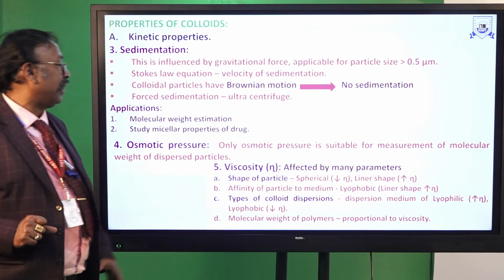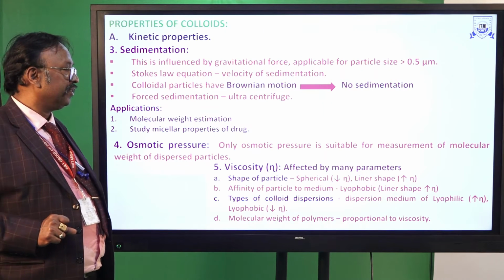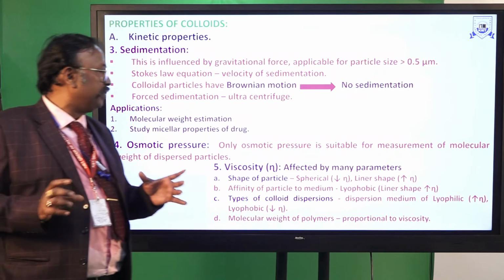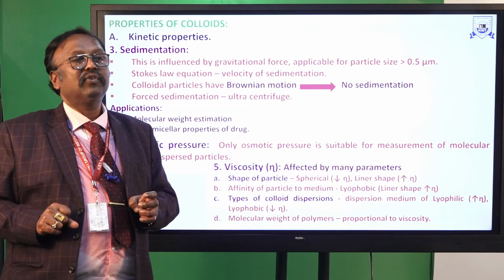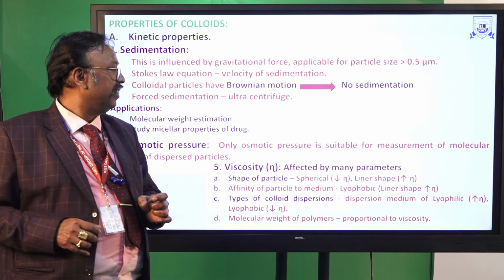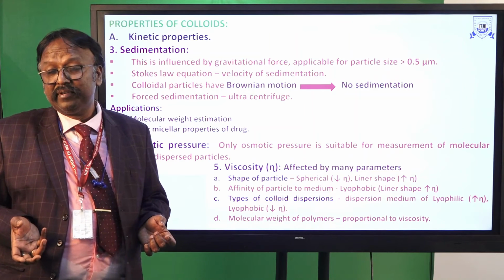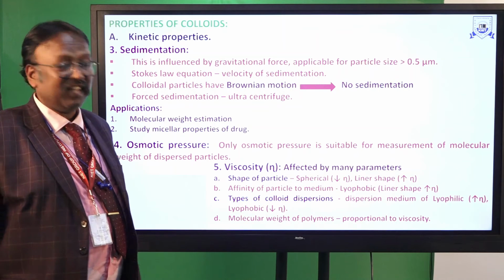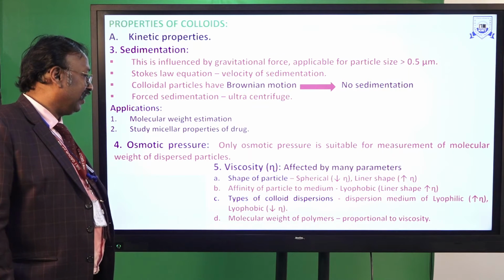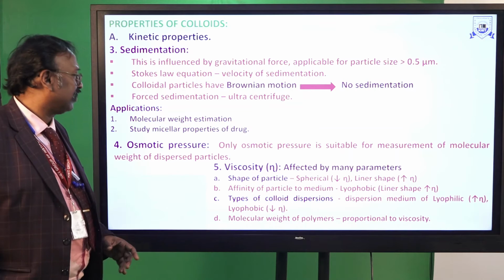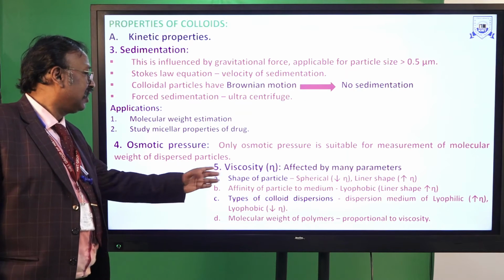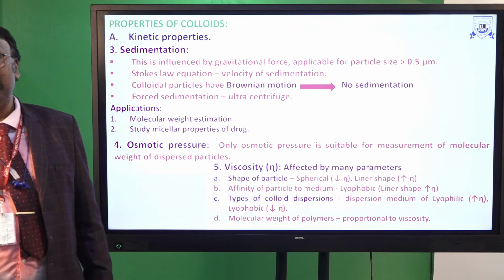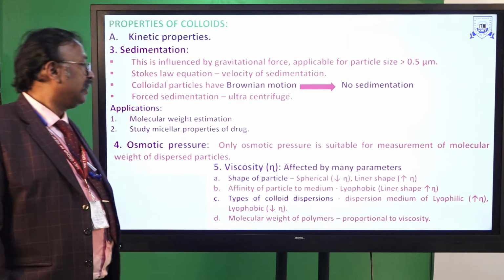The second parameter is the affinity of the particles to the medium. If the particles are lyophobic colloids, they definitely have a linear shape, and due to that linear shape the viscosity is increased. The third parameter is the type of colloidal dispersion.